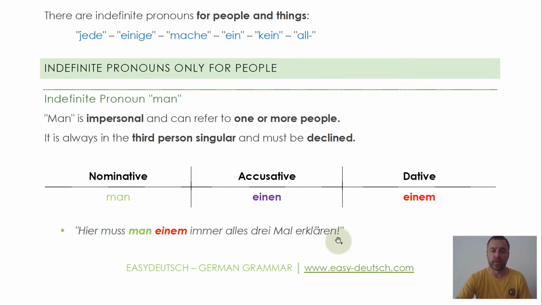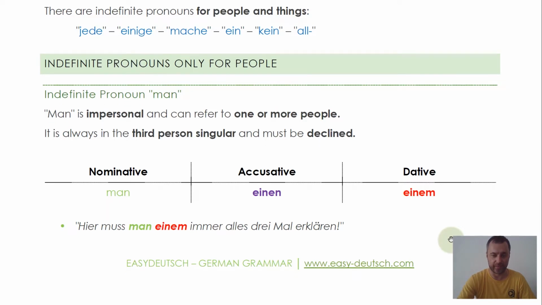That's one of those rare examples where you have to put man in dative. Usually it will be enough if you know when to use man. Especially on the A levels, you don't need those. B1, B2, you might encounter this one already. But I wouldn't worry too much about it because it's very rare, those versions, but it's good to know that they exist.